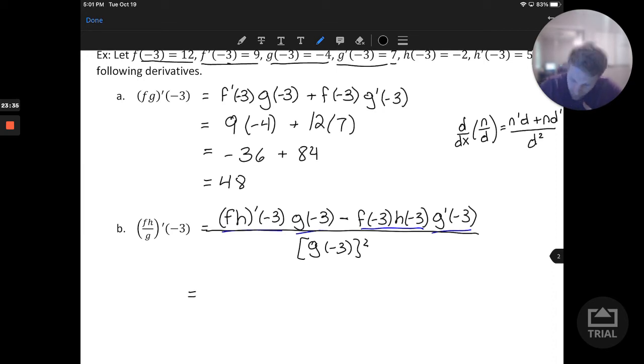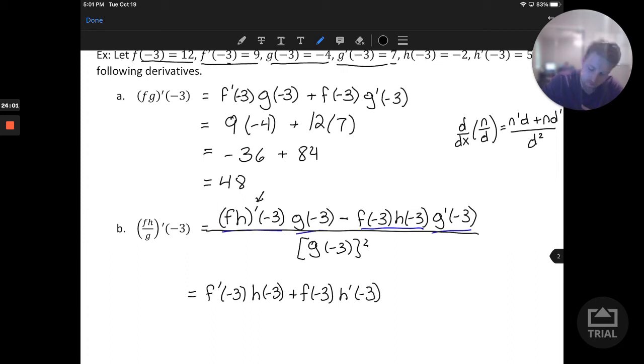So f times h prime, this first part, I'm going to want to consider doing that. This would really consist of a product rule between f and h. So this would say we're going to take f prime of -3 times h of -3 plus f of -3 times h prime of -3.